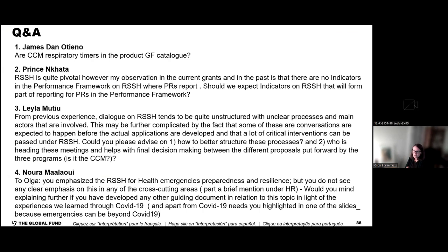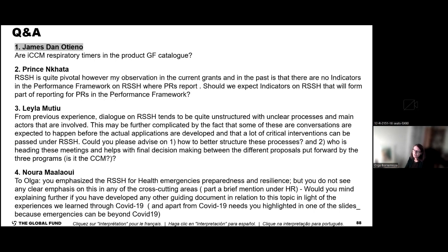So from Prince Nakata, he says, RSSH is quite pivotal. However, my observation in the current grants and in the past is that there are no indicators in the performance framework on RSSH where PRs report. Should we expect indicators in RSSH that will form part of the reporting for PRs in the performance framework? Yes, absolutely. So we have added more indicators and better indicators into the modular framework.